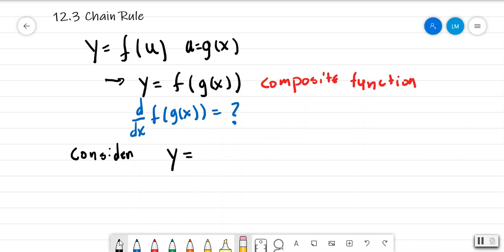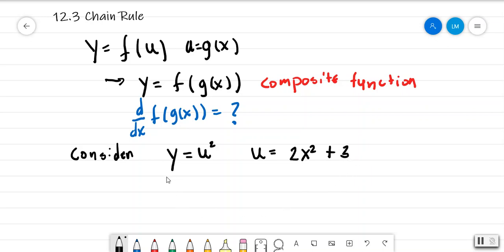How about we have the equation y equals u squared, and then we'll say that u is equal to 2x squared plus 3.